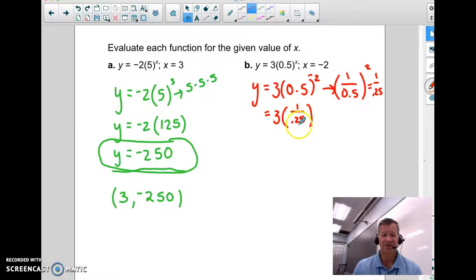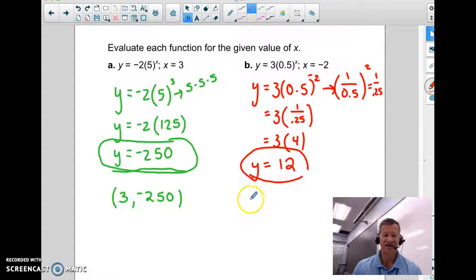How many times does 25 cents go into $1? How many quarters are in $1? Well, that would be 4, wouldn't it? So 1 divided by 0.25 is equal to 4. And 3 times 4 would give us 12. So our y value in this case would be 12.